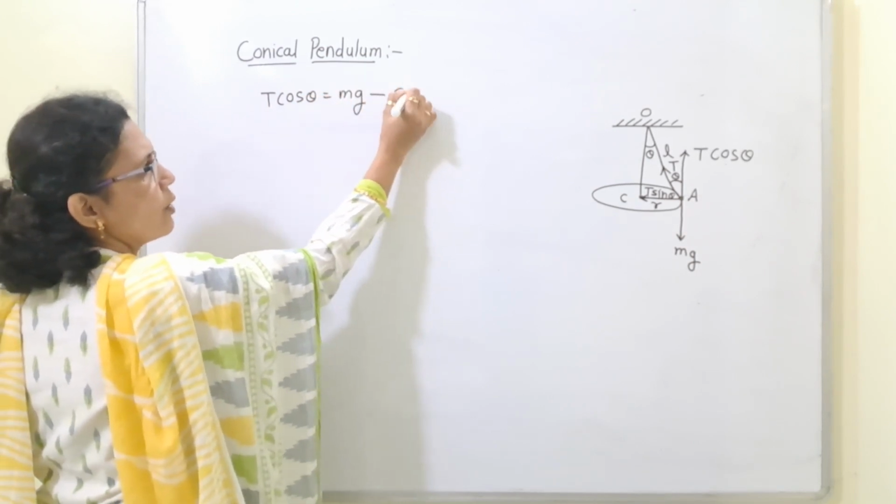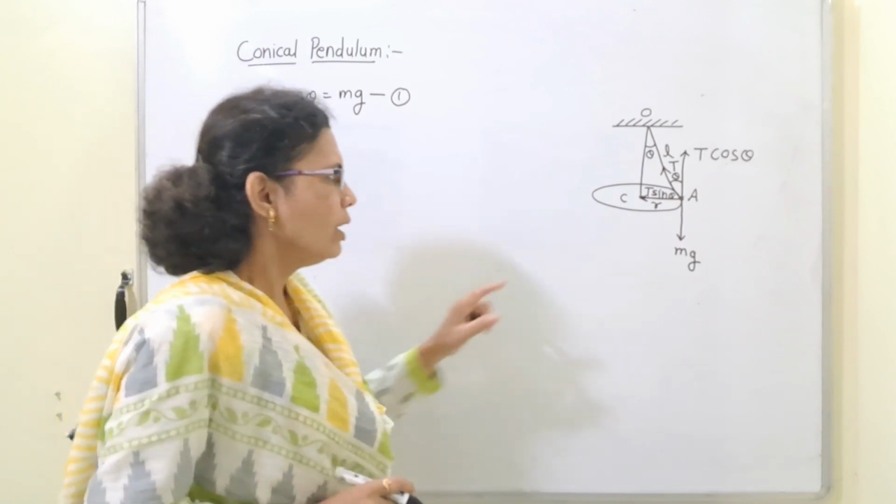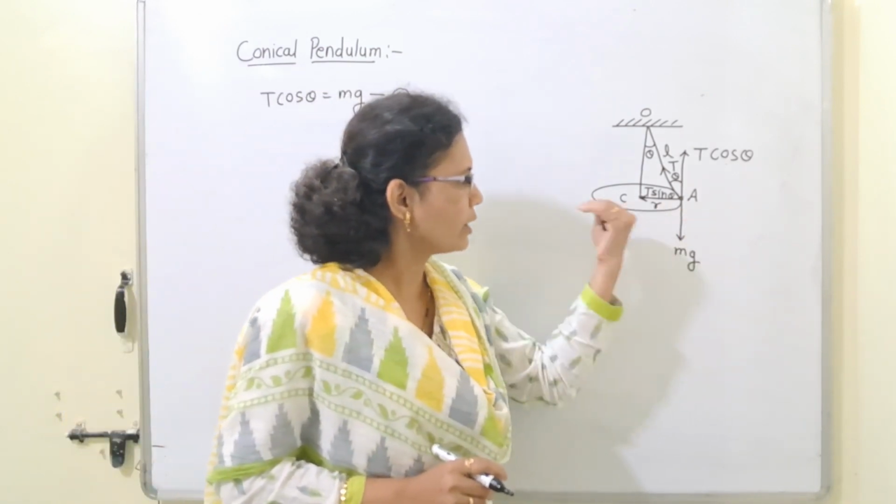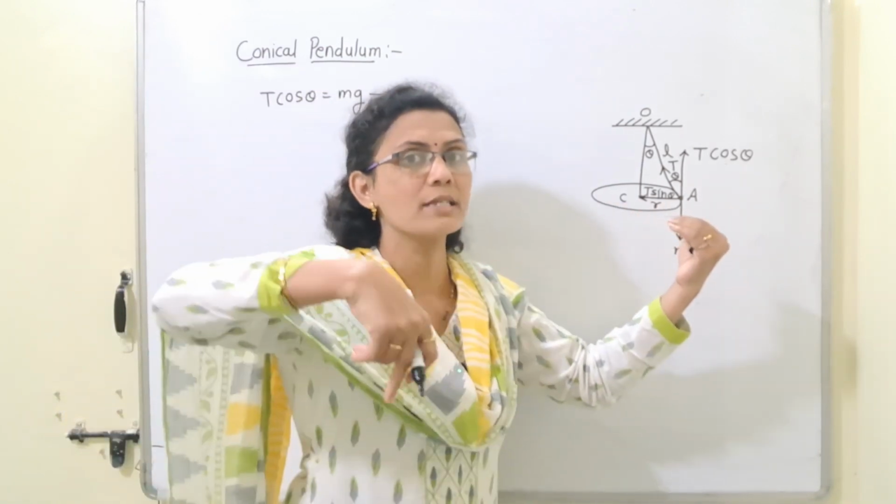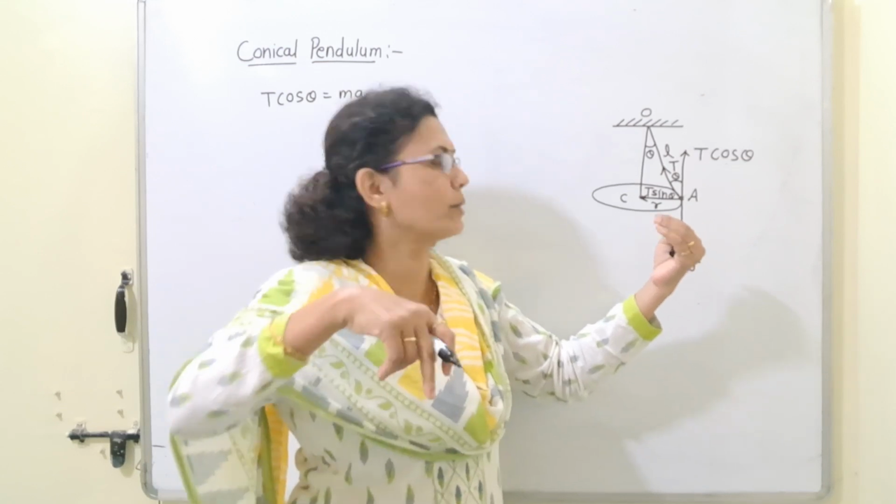Let this be equation number 1. Now, this T sin theta is directed towards the center of the horizontal circular path.